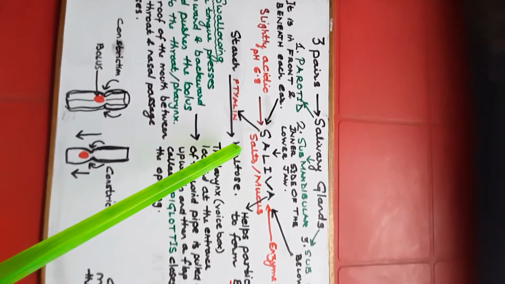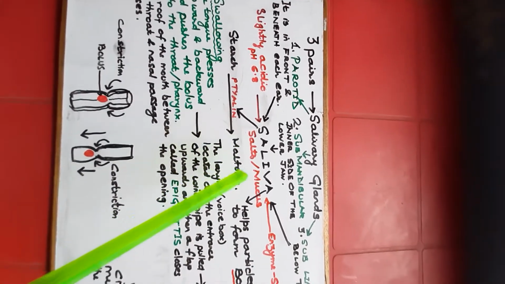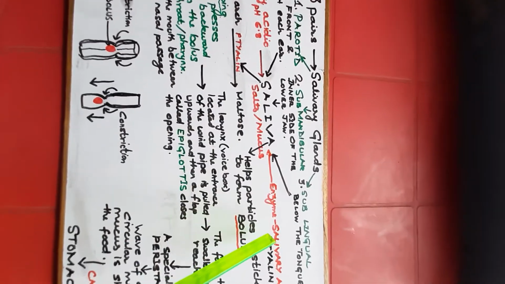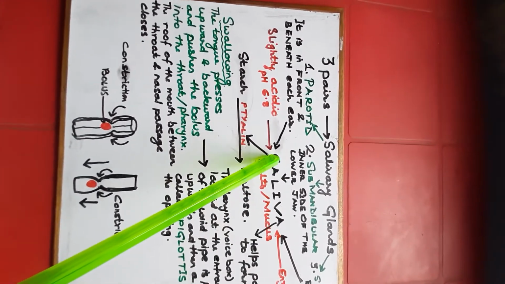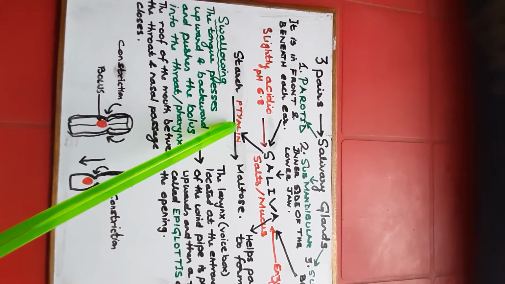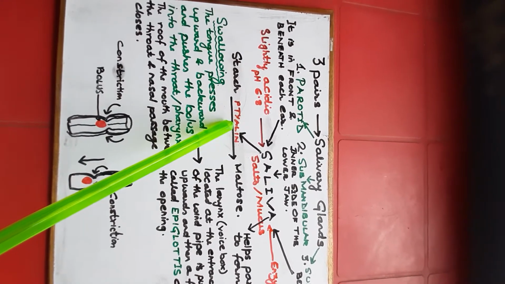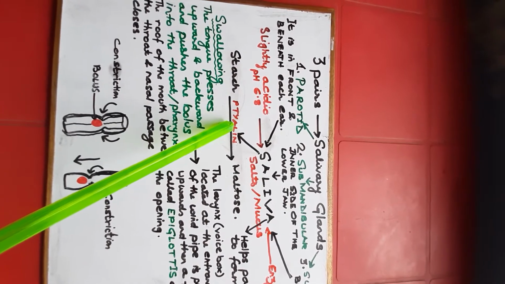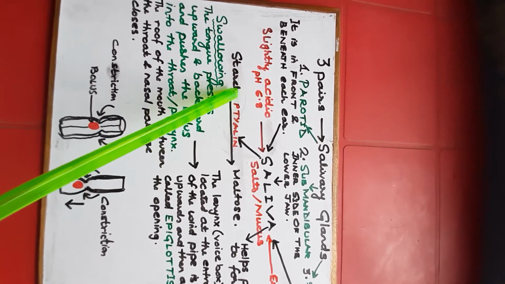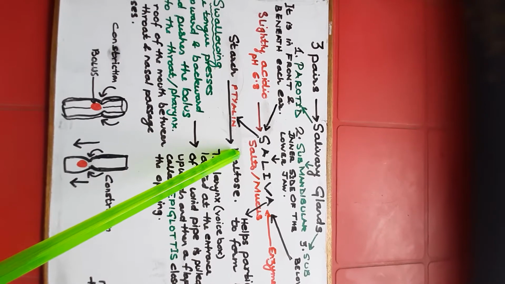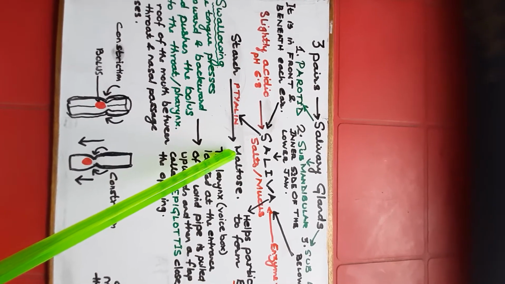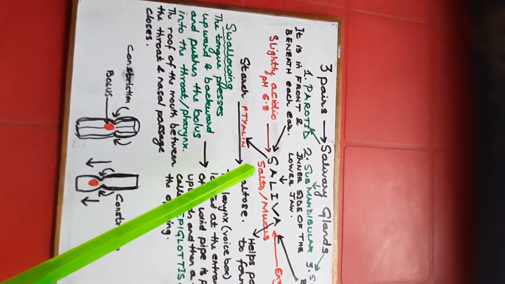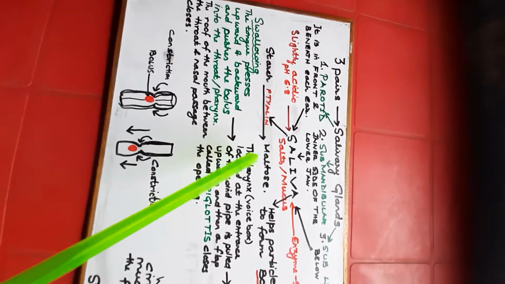So, what does the enzyme ptyalin do? Ptyalin starts the process of digestion actually in the mouth, and ptyalin converts starch into maltose, a simpler form of sugar.